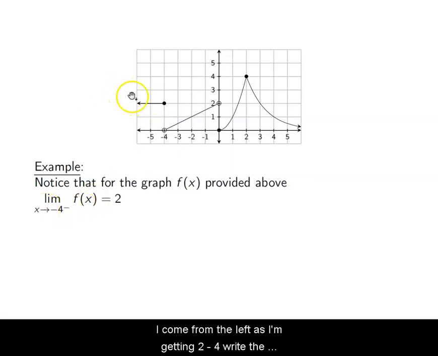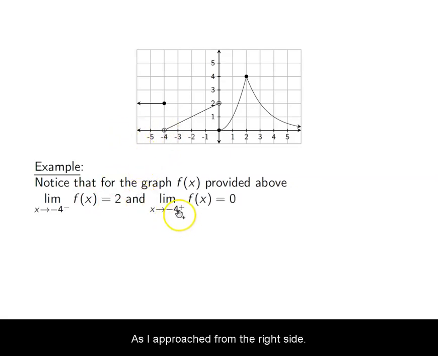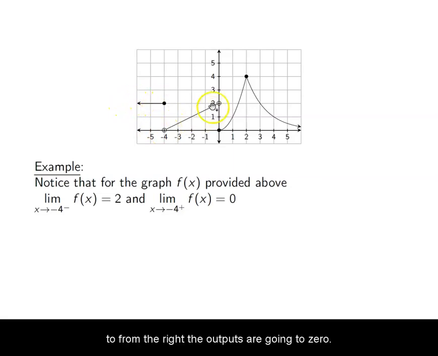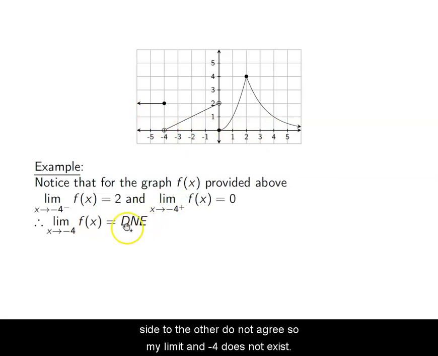The superscript negative here means I'm coming from the left side. As I approach from the right side, my outputs are decreasing towards 0. From the left they come to 2, from the right they go to 0. The two sides do not agree, so my limit at -4 does not exist.